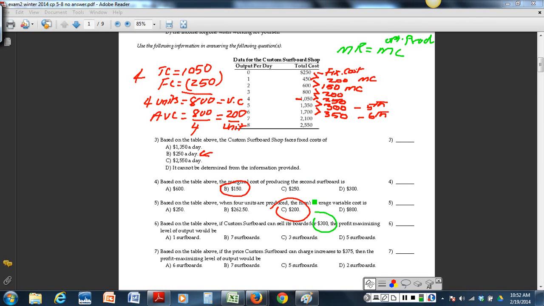So my marginal revenue is 300. Where is my marginal cost? Going from 4 to 5, right? We said 1,050 to 1,350, and that creates about $300 in marginal cost. So marginal revenue equals marginal cost at about the 5th unit. So the answer should be 5 surfboards.